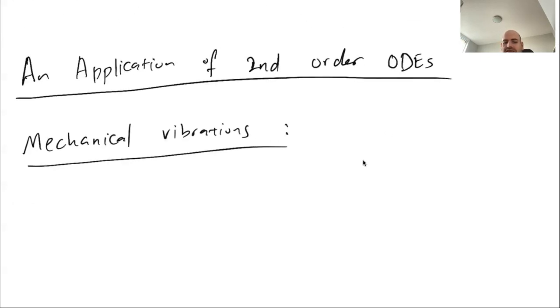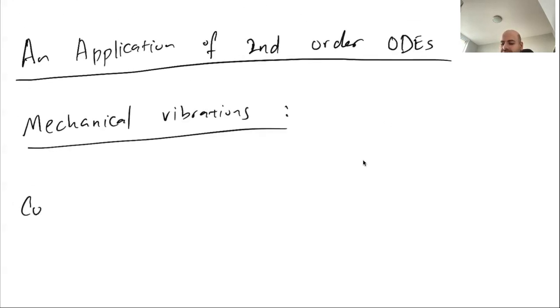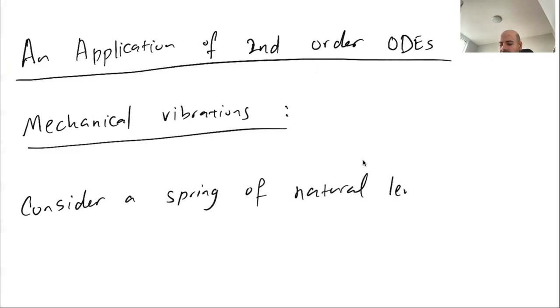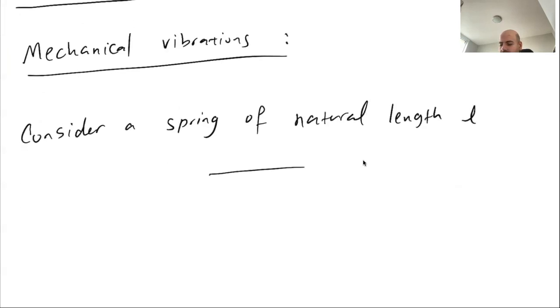So let's consider a spring. Consider a spring of natural length L. Let's assume that the natural length of this spring is L. We have a spring like this, and the natural length here is L. And we want to attach an object to this spring.